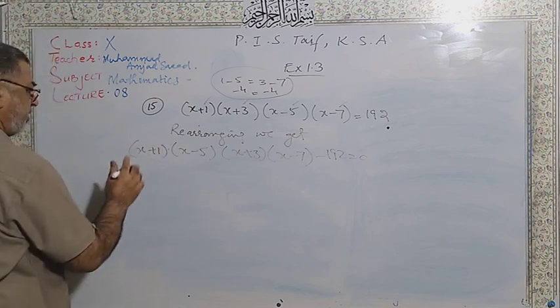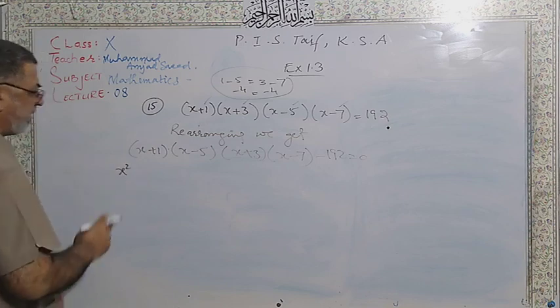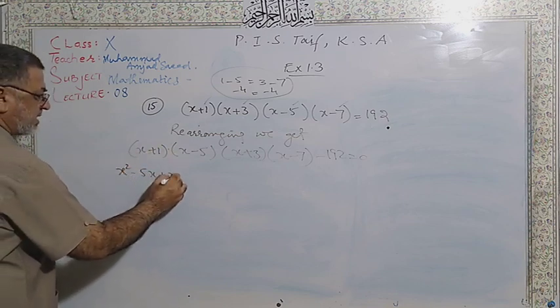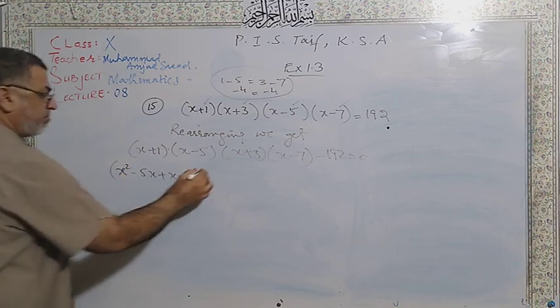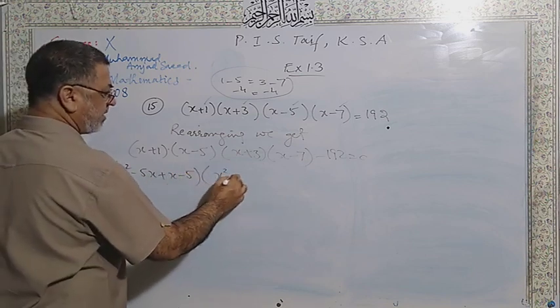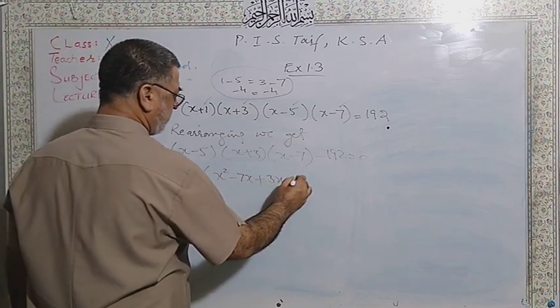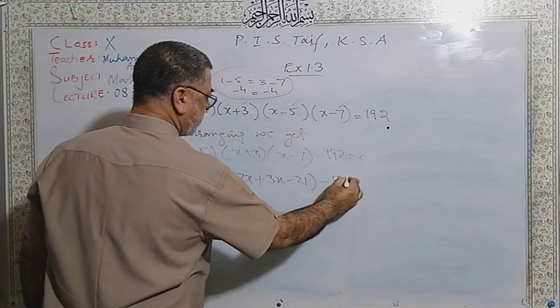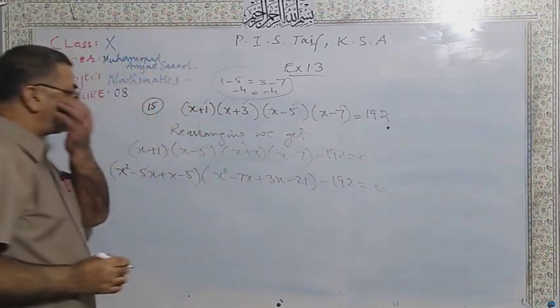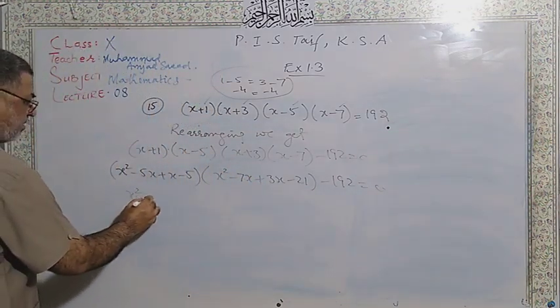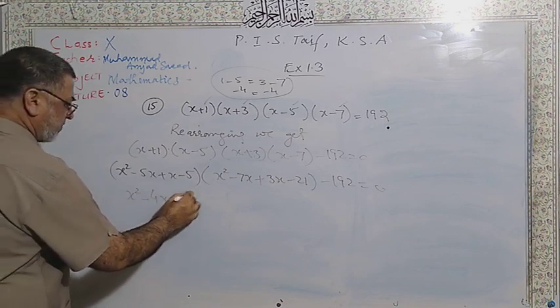Here you multiply them, x here, then minus 5x plus x minus 5, then x here minus 7x plus 3x minus 21 minus 192 is equal to 0. Here is x square minus 4x minus 5.